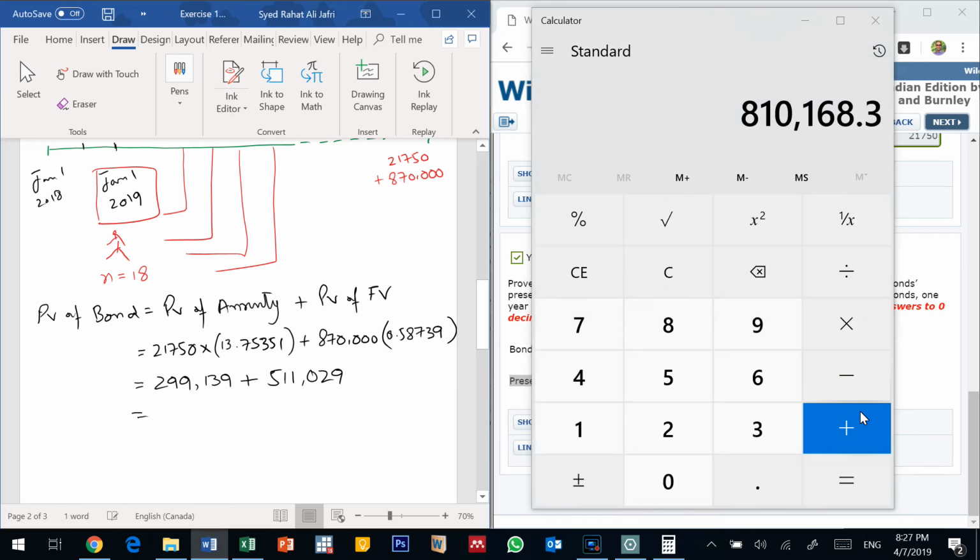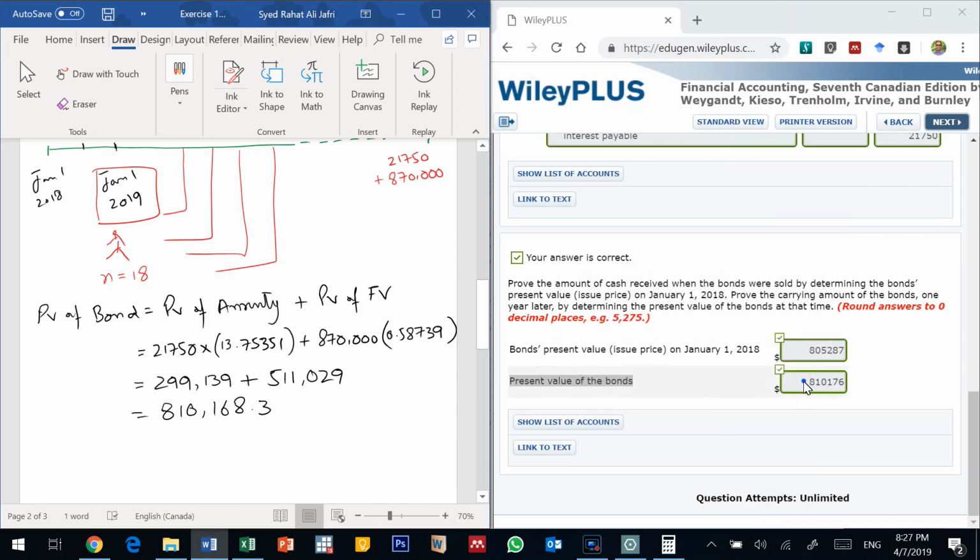So this number is 810,168.3, about 168 dollars at the end. If I see here in my solution, it's 810,176. It's about $12 off the answer.